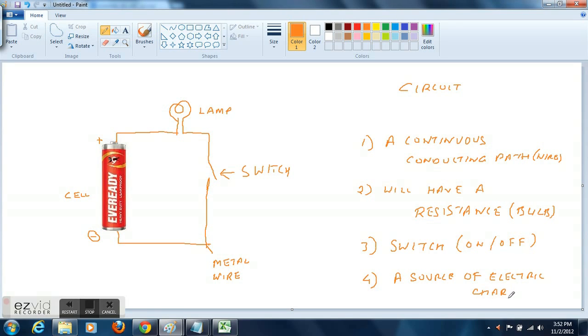So these are the four things that are necessary for any electrical circuit.